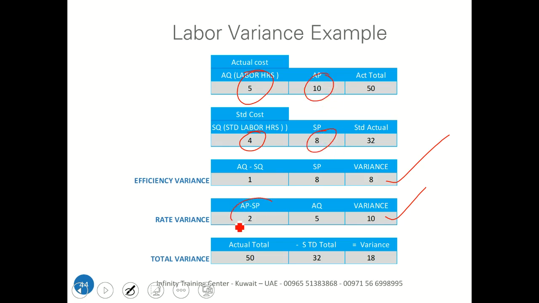So that is the difference of $2. And every hour you paid $2 extra for every hour the individual worked. They actually worked 5 hours, so every hour you are paying $2 extra. That is why this variance of $10 is here. If you add these together, that is going to be the total variance.